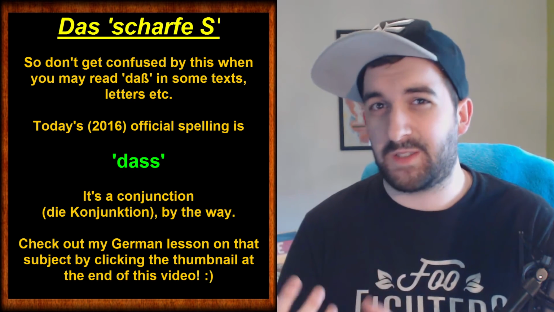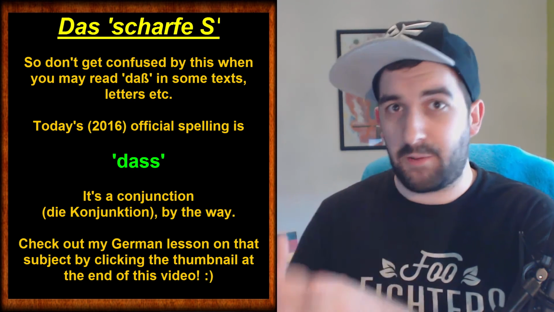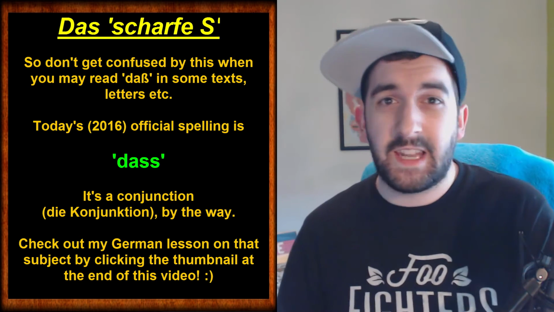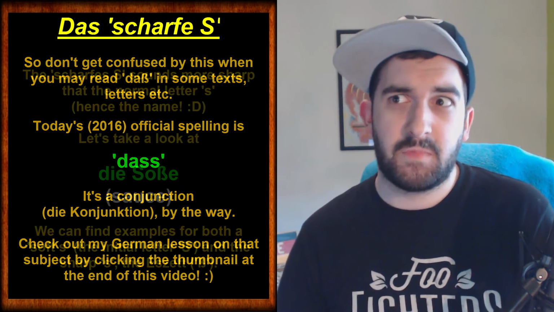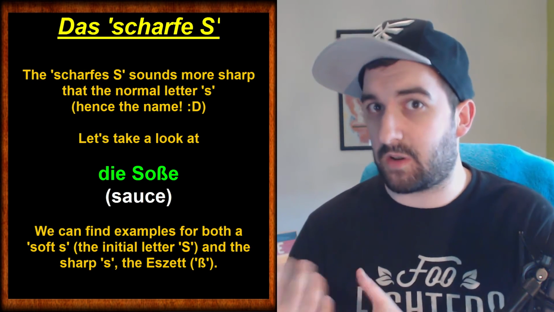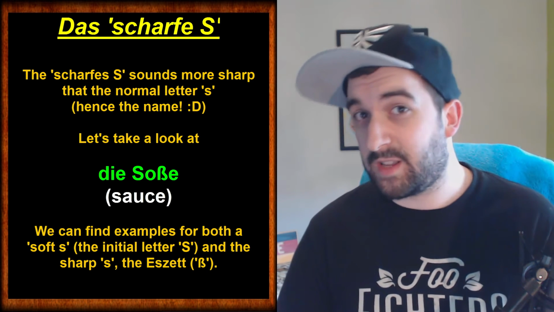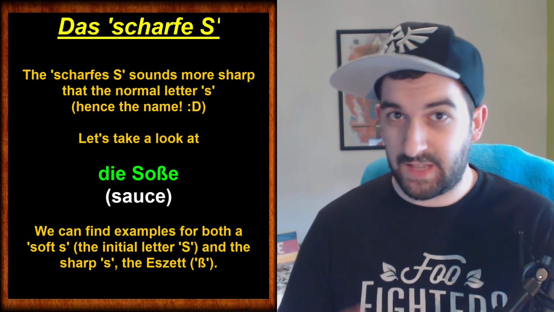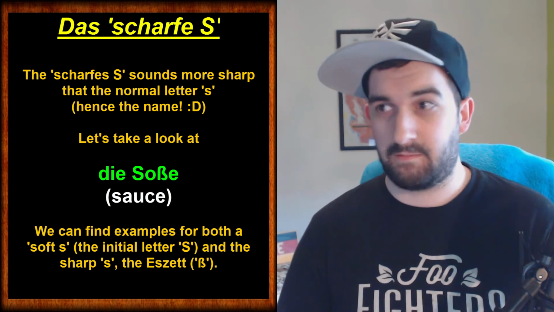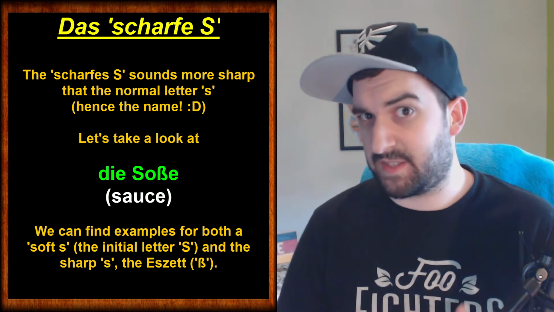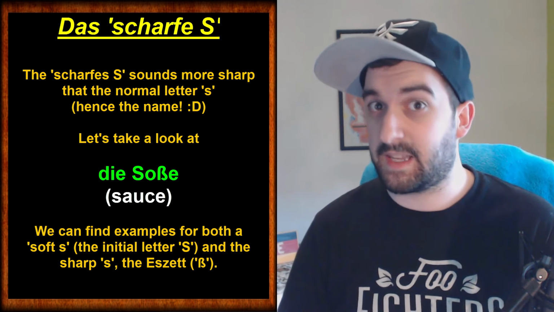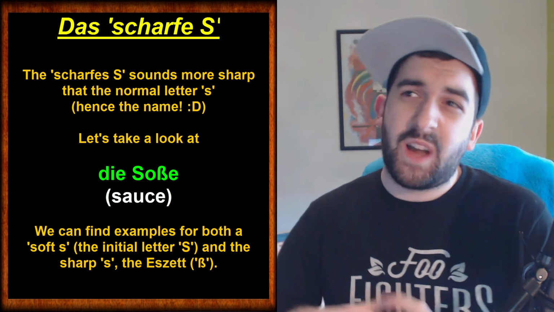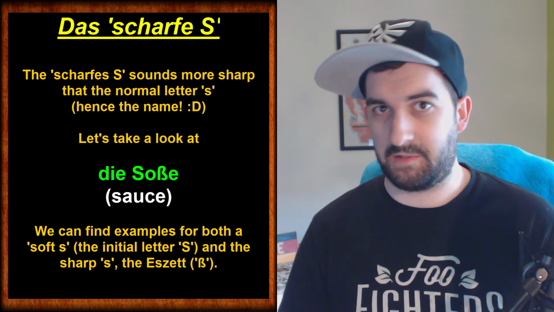So to point out the difference between the ordinary S and the sharp S, let's take a look at a word like die Soße, the sauce. Because in this word you have two different S sounds. So the first one, the initial letter, the capitalized S because it's a German noun and all German nouns are capitalized, sounds quite soft, Soße.